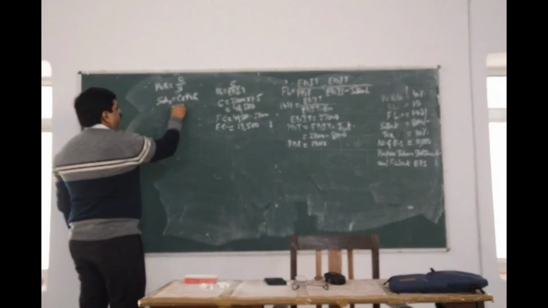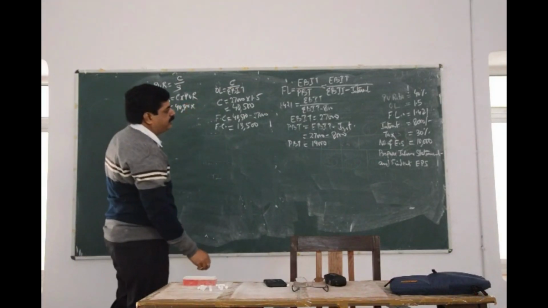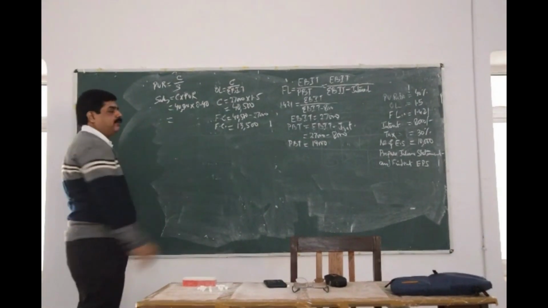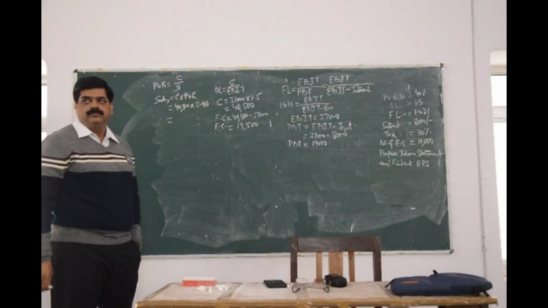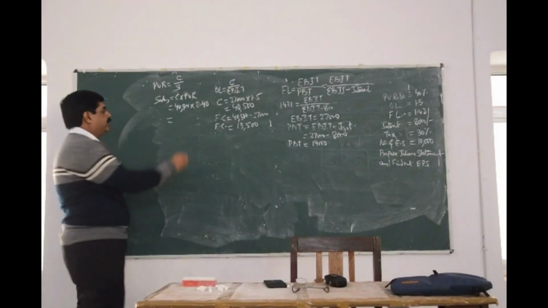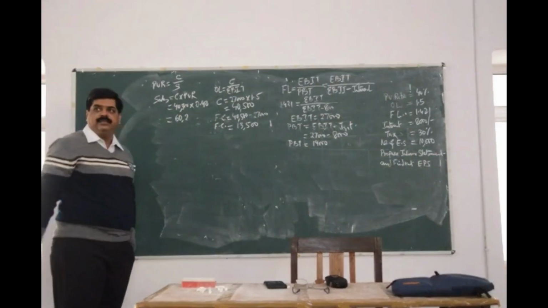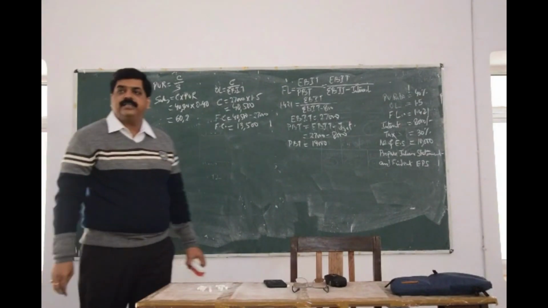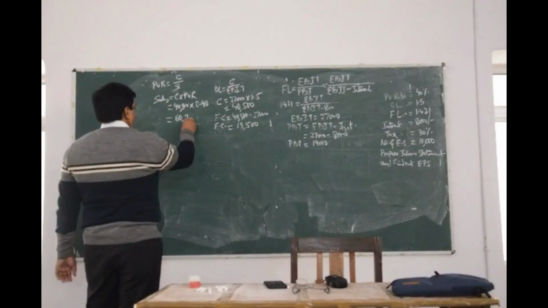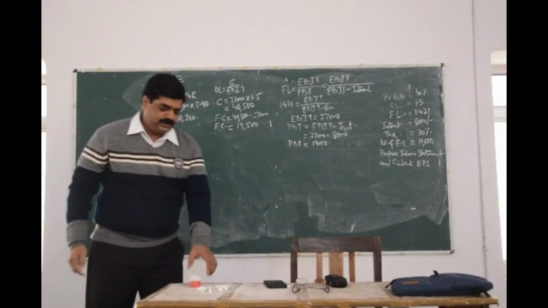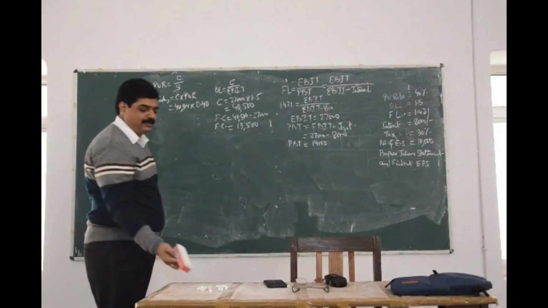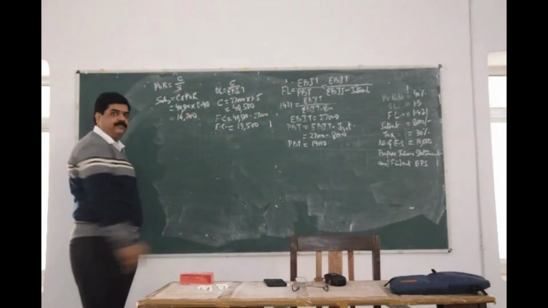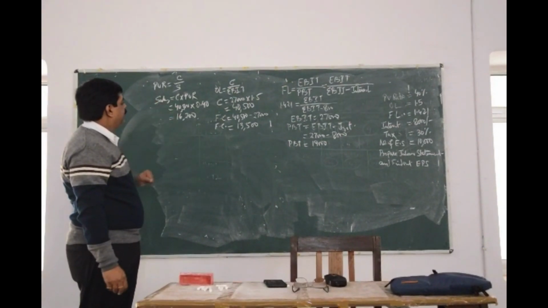Contribution is 40,500 and the PV ratio is given as 40%, that is 0.40. So sale has been derived.